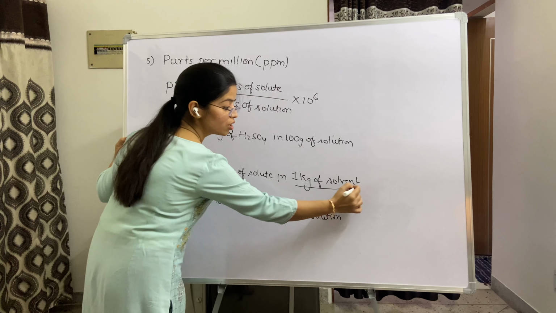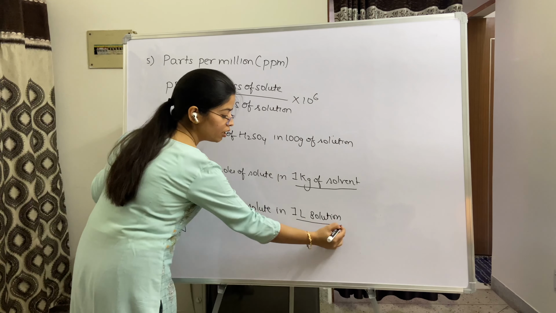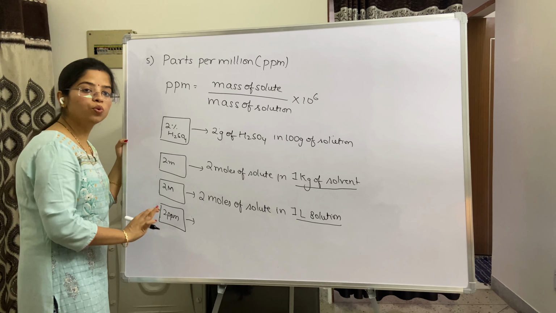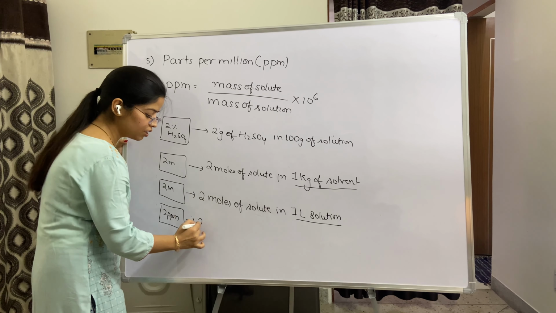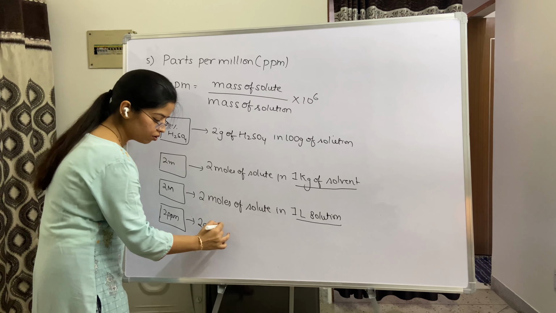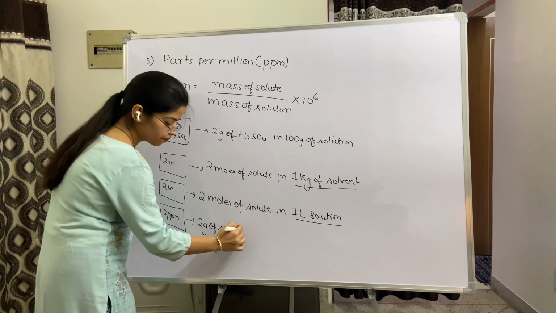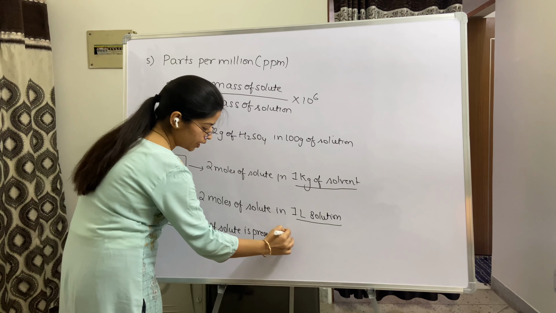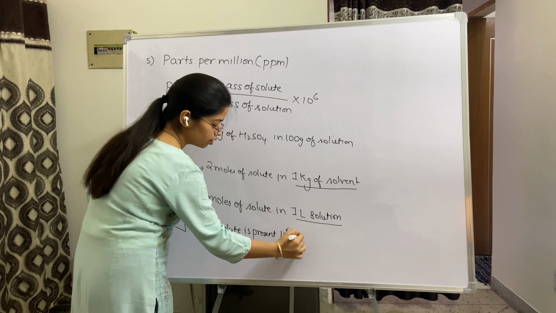Here we are taking mass of solvent and here we are taking volume of solution. If it is written 2 ppm, it means 2 gram of solute is present in 10 raised to power 6 gram of solution.